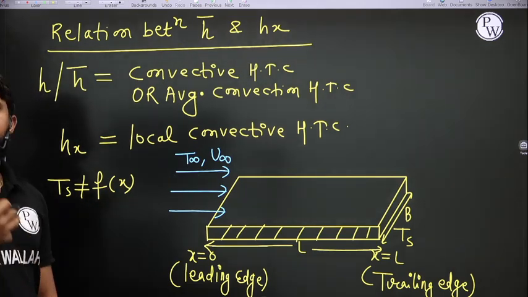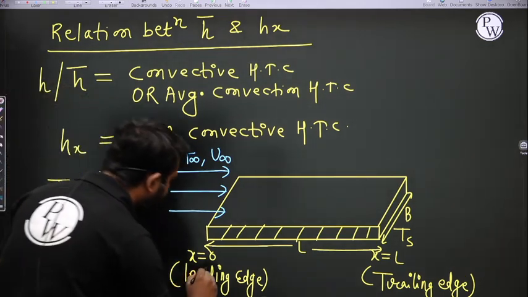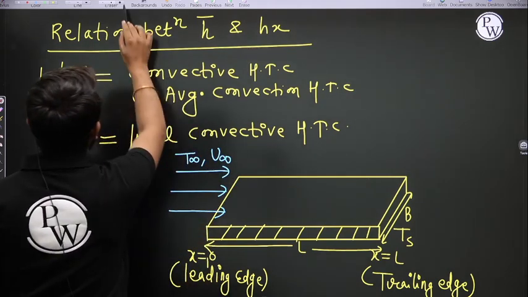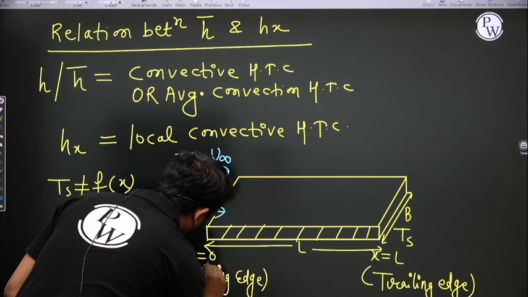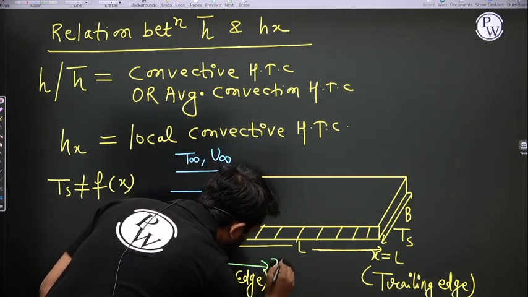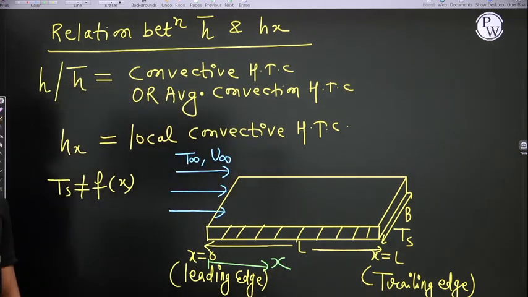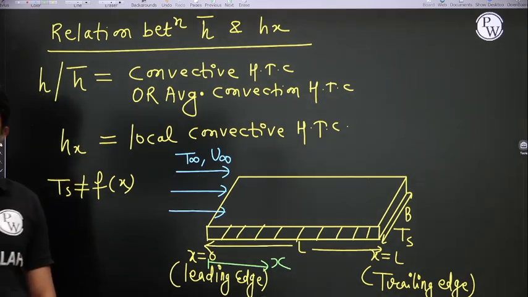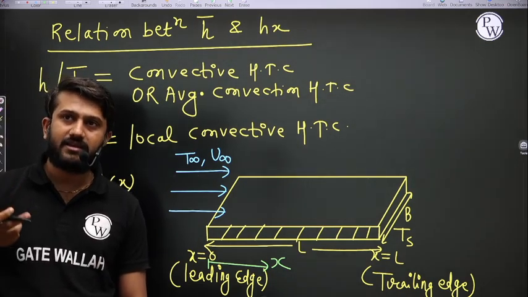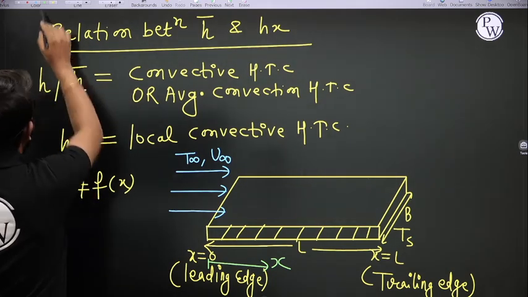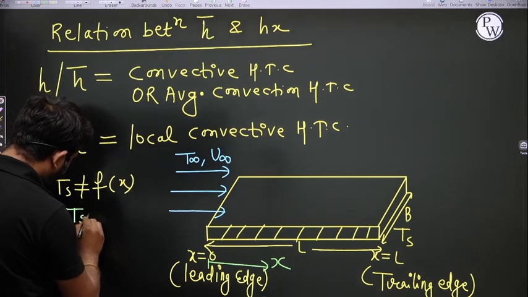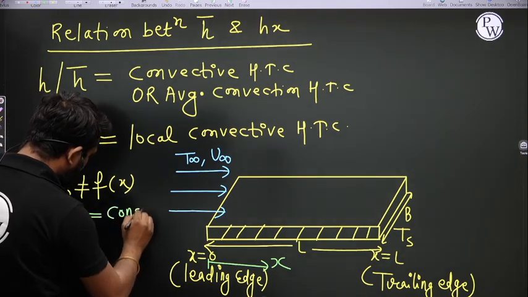This is the x direction. So in the x direction, the surface temperature is not changing with respect to x. That means the first assumption, surface temperature is constant.